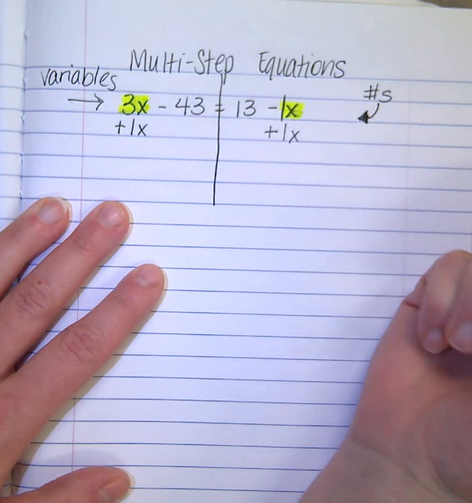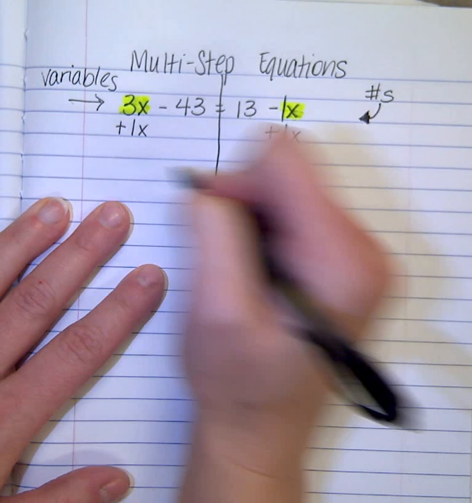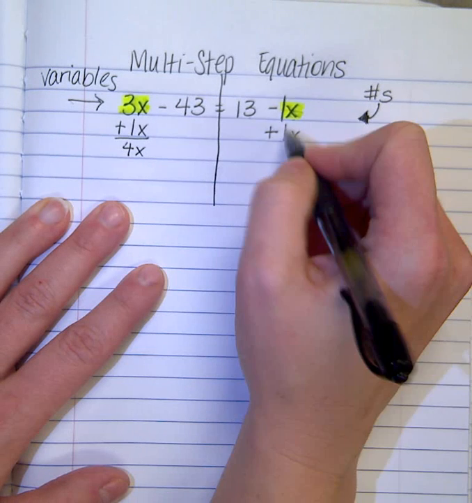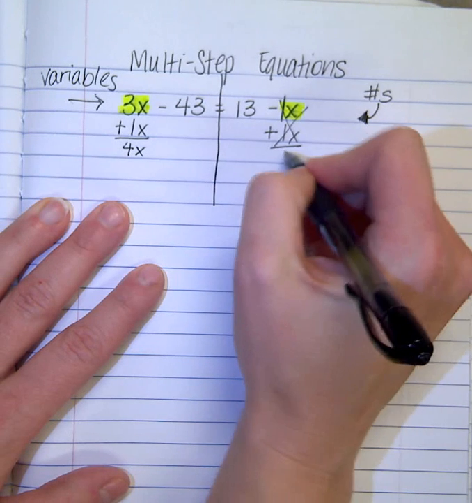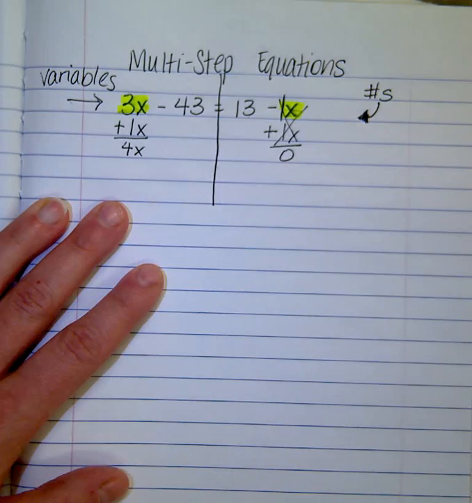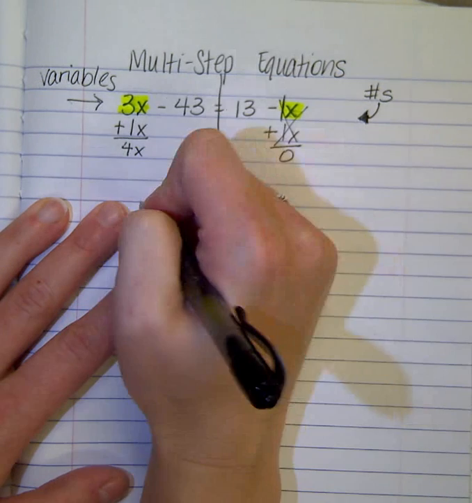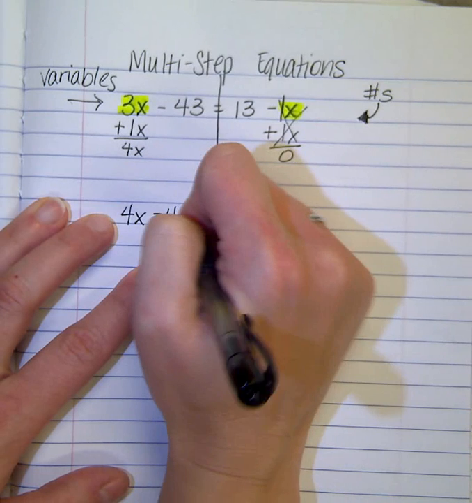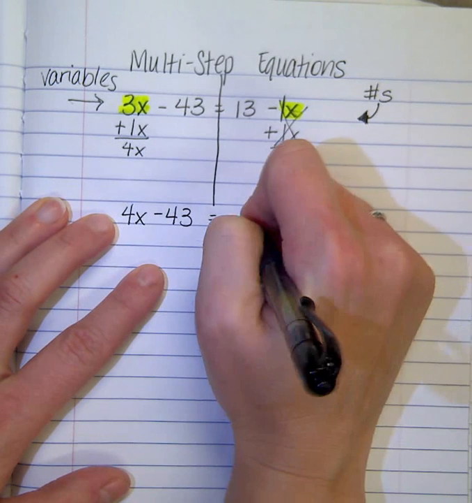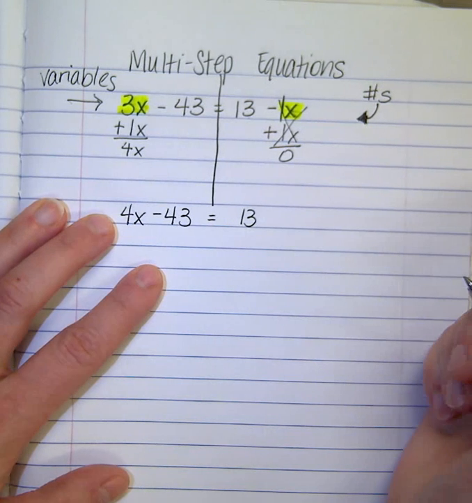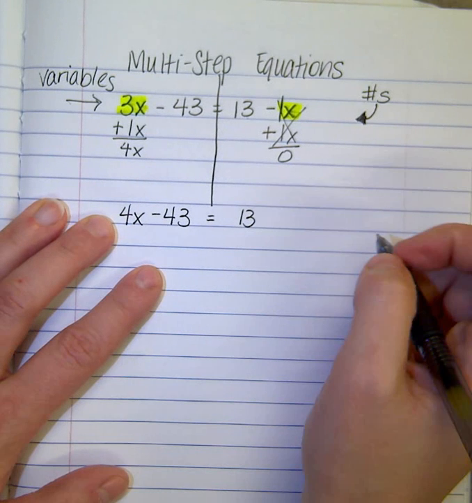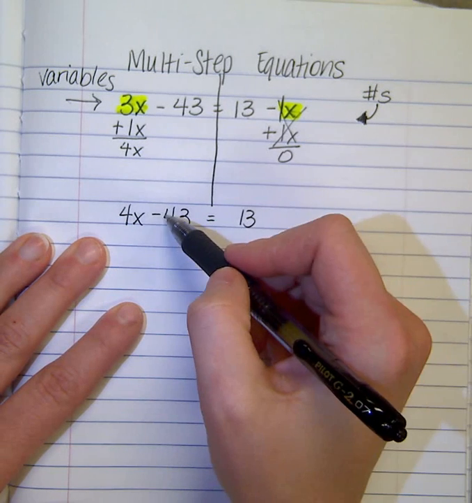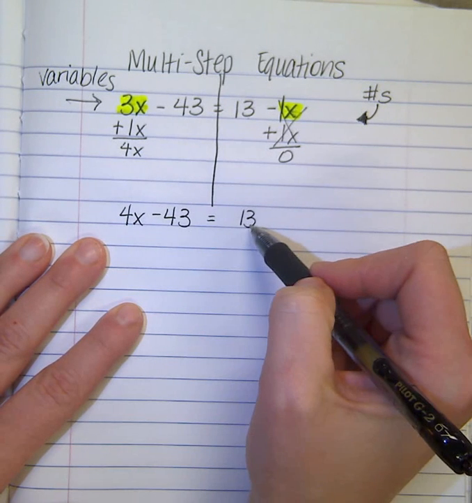When you do that, you add these up and it becomes 4x. These become 0, okay? So those cancel out. And now we're left with 4x minus 43 equals 13. Okay? So now we're back to the two-step problems that you're used to seeing. Now we want to put the 43 onto the other side.